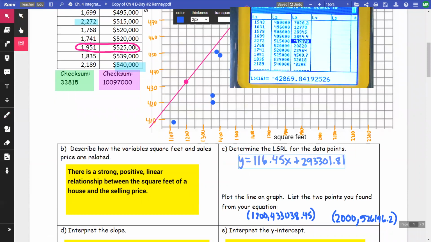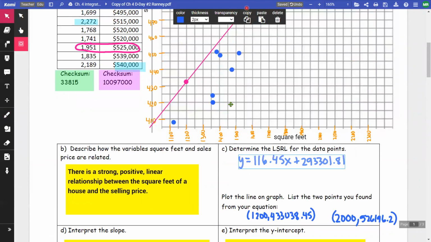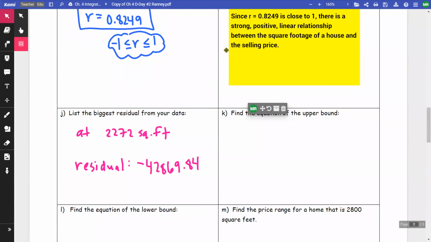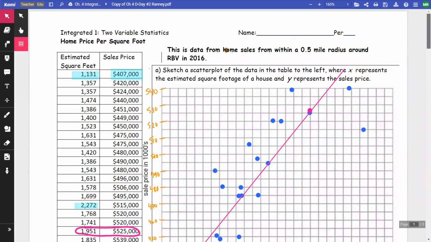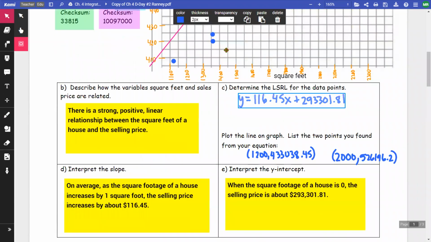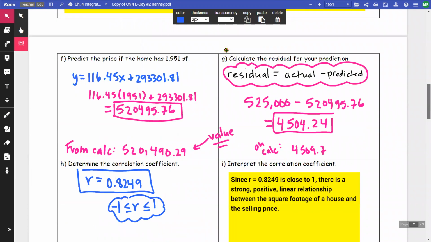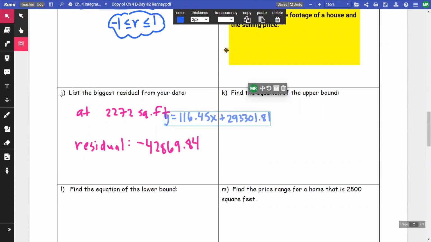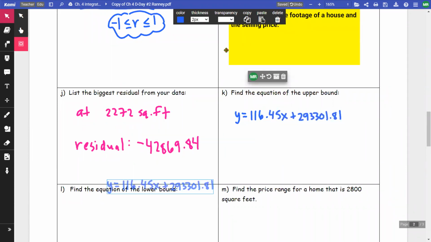So let me get rid of this for a second. I'm going to copy this and paste that down here. Whoops, I lost it. Try it again. Copy, paste. And I'm going to paste it one more time here.